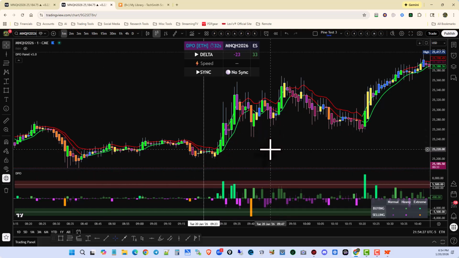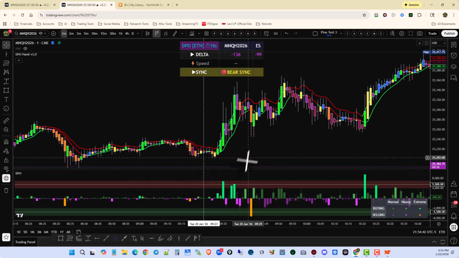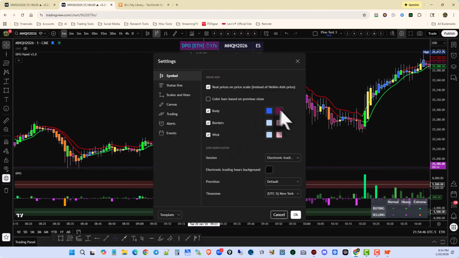Now, if you're trading this on heiken ashi or candlesticks, you're going to have to go into your chart and change your colors so that they contrast with the colors of the DPO panel and the DPO oscillator. Simply go into this cog, the wheel, and change your colors right here.